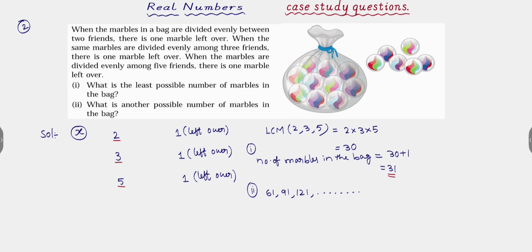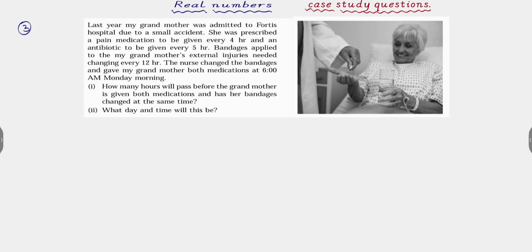Hope you understood it. Now let us see the third question. Last year my grandmother was admitted to Fortis hospital due to a small accident. She was prescribed a pain medication to be given every 4 hours and an antibiotic to be given every 5 hours.